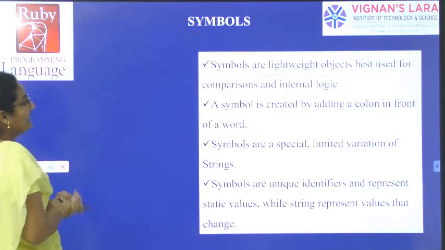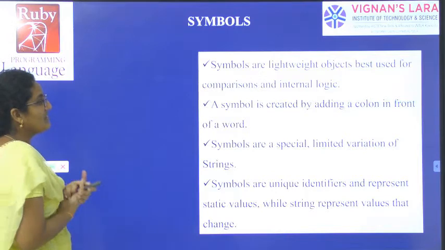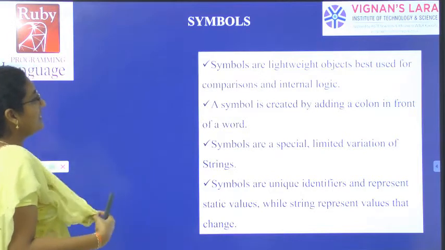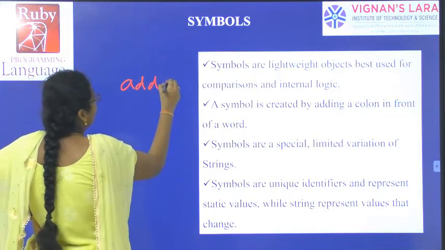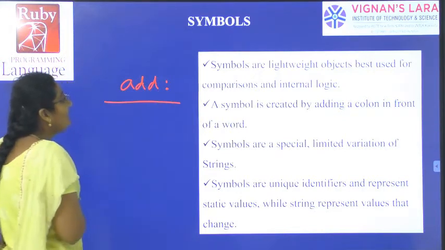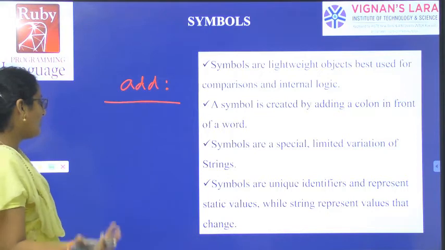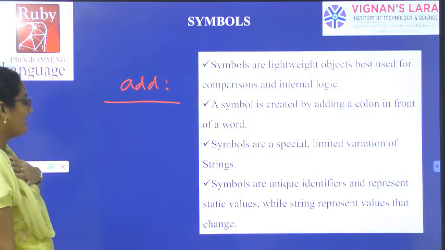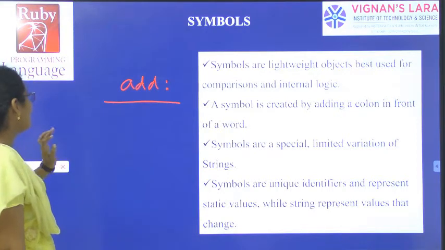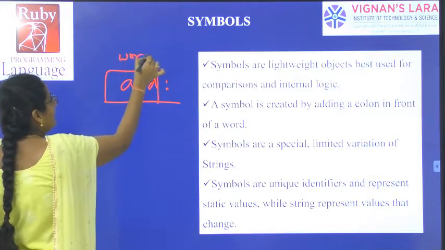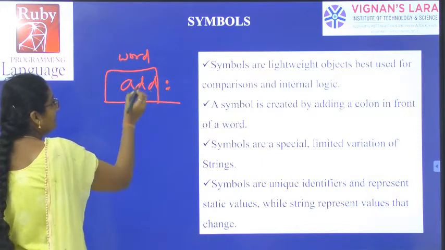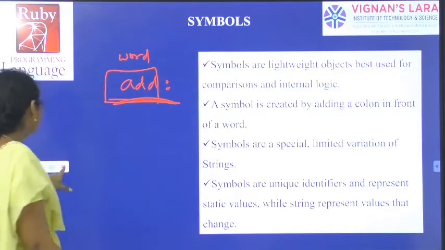So a symbol is a data type which is a lightweight object used for comparison of internal logic, and you can create symbols by adding a colon in front of the word. Symbols are a special kind of unique characters used to represent static values. So this is the next data type. Add is a word. For this word I added a colon and it becomes a symbol.